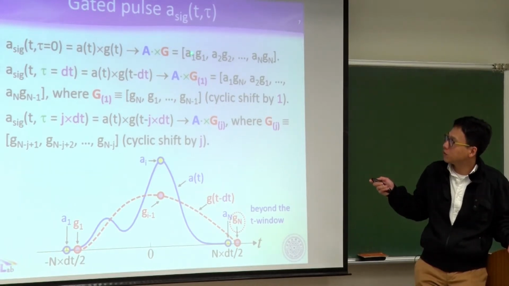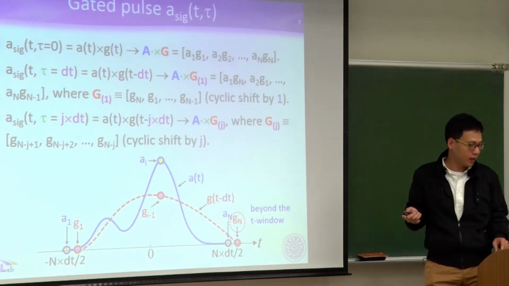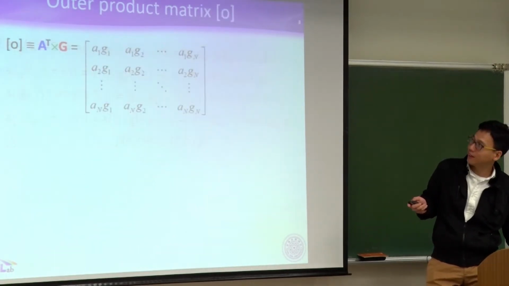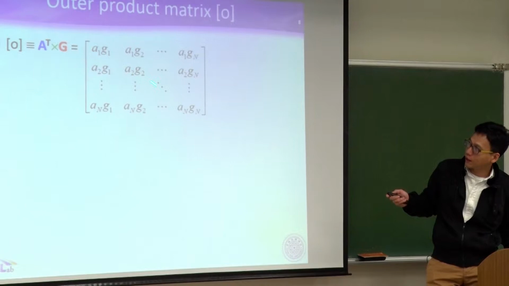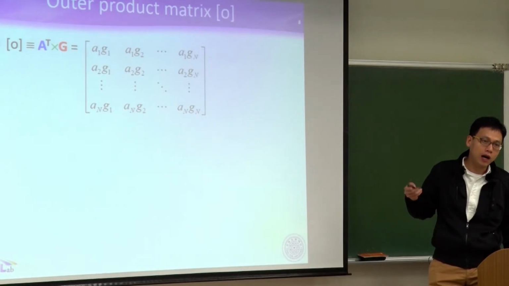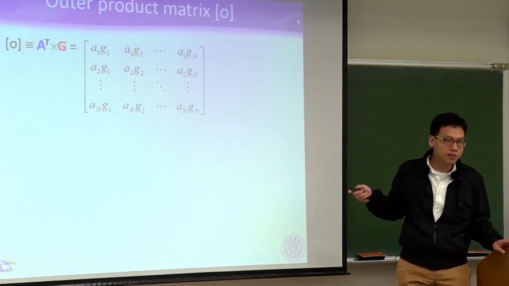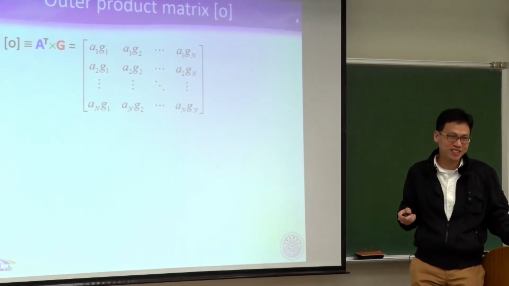Delay equals 0 should be this one. And where is this vector? Right, you are right. Diagonal, right? You see, it's here in the diagonal. And for other delays, you should get some other off-diagonal elements with some cyclic shift.